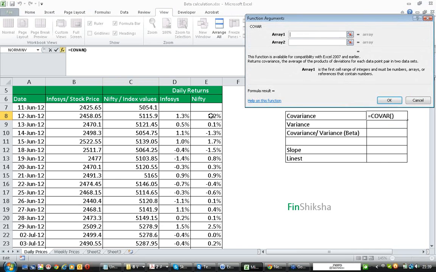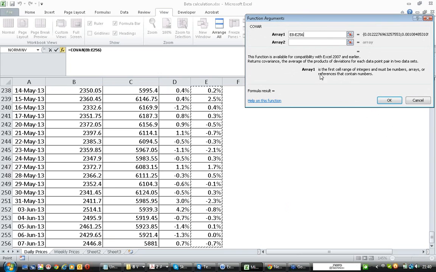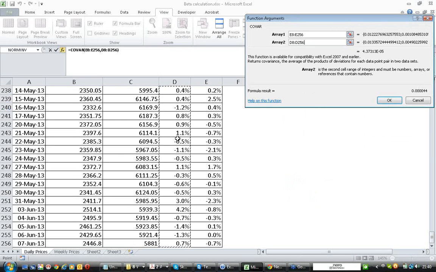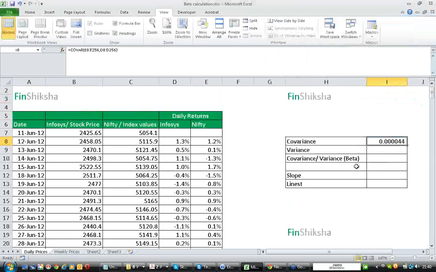So select the two arrays. The first array will be the index return. You can even give it interchangeably. The second array will be the stock's return and click OK. We get 0.000044 as covariance.